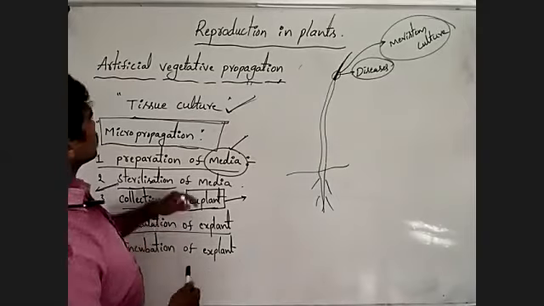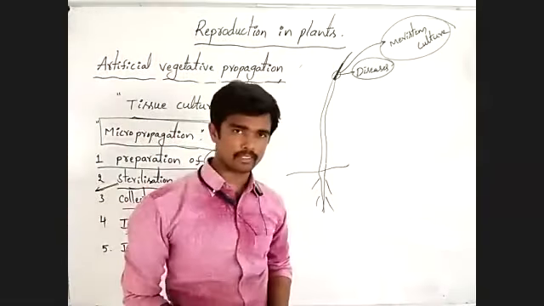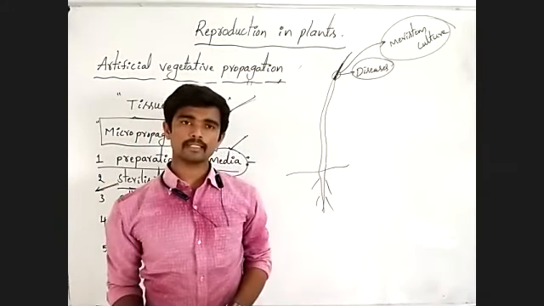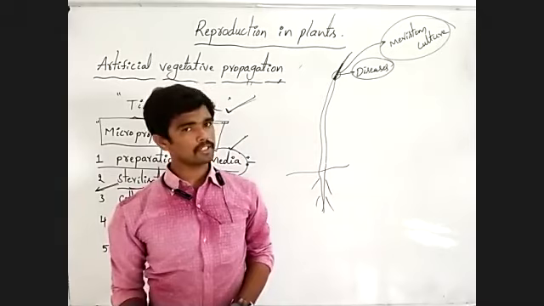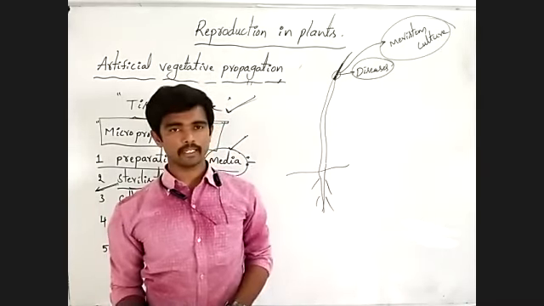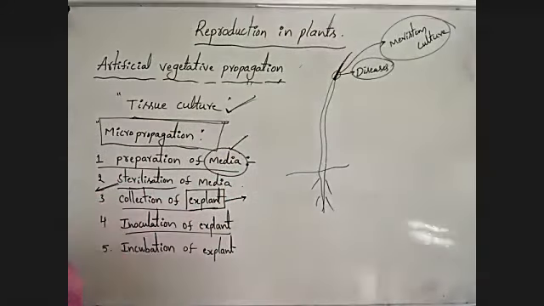Cutting, layering, grafting are the traditional artificial vegetative propagation methods. Tissue culture is a modern technique of artificial vegetative propagation.